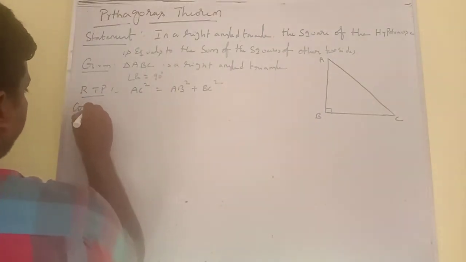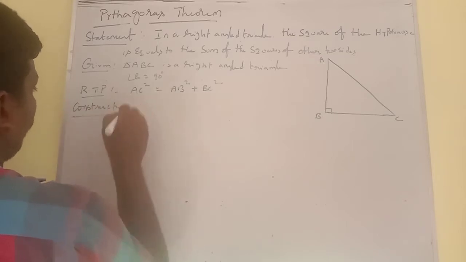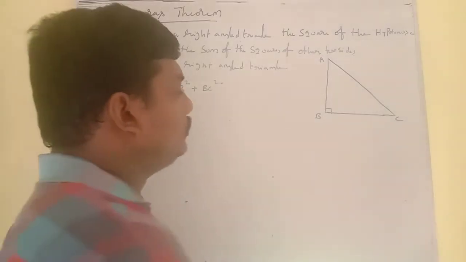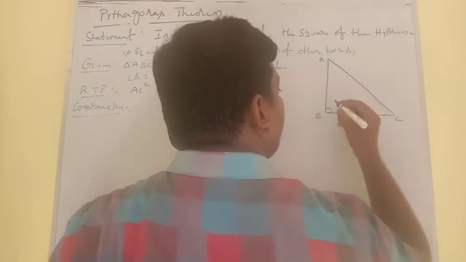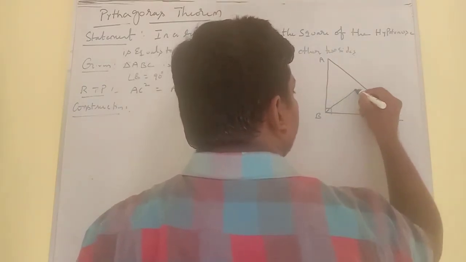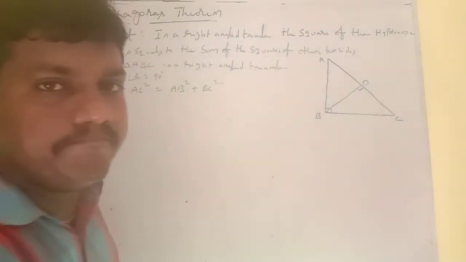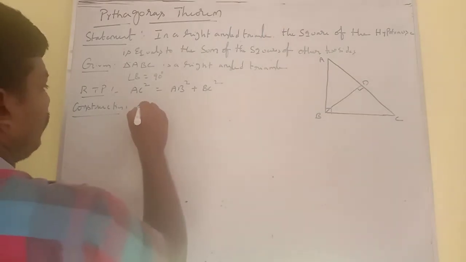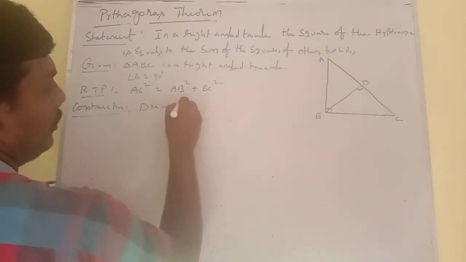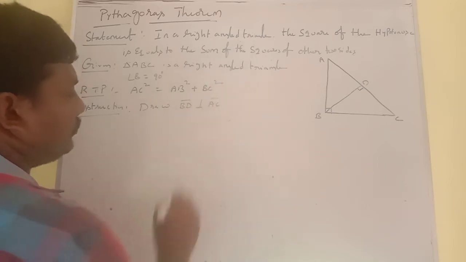What construction is required? We have to draw a perpendicular from B to AC, that is called BD. Draw BD perpendicular to AC.